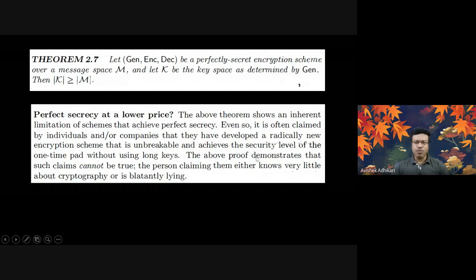The above proof demonstrates that such claims cannot be true. The person claiming them either knows very little about cryptography or is lying. I'm not using this word, or lying.